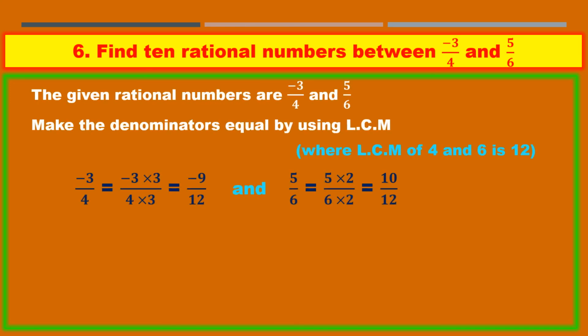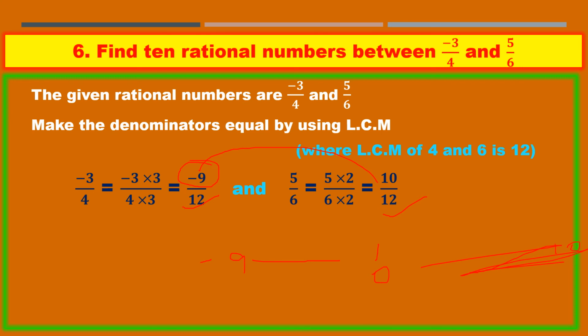We take the LCM and we got 12. To make 4 into 12, we should multiply the numerator and denominator by 3. To make 6 into 12, we should multiply by 2. So you'll get minus 9 by 12 and 10 by 12. It is minus 9, not plus 9. Between minus 9 and 10, 0 will be there, so there are so many rational numbers between this negative and positive number.